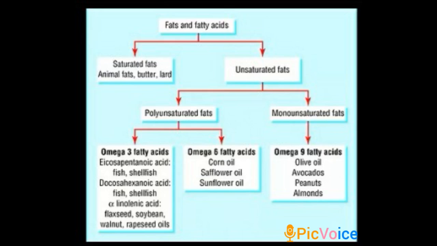Then linolenic acid, also called omega-3, is present in mustard, canola, soya bean, rice bran oil. These fatty acids have two or more double bonds. In case of MUFA, they have one double bond and in case of PUFA they have 2 or more double bonds.